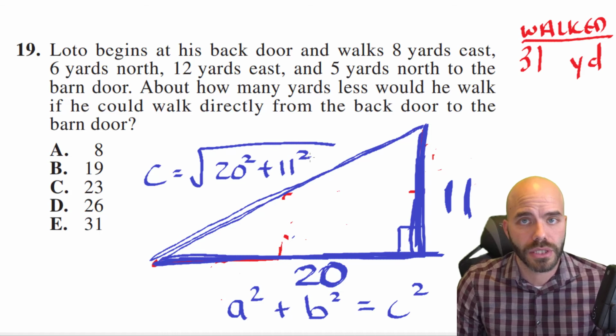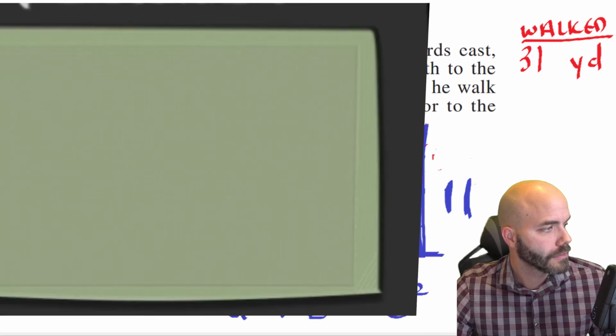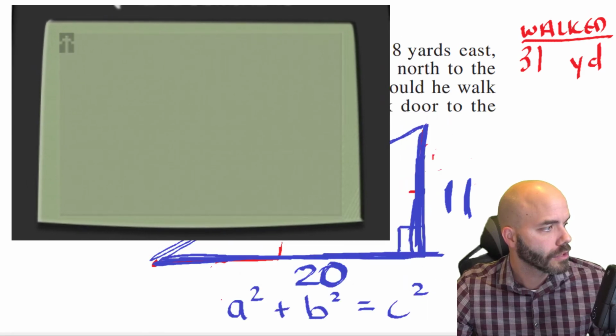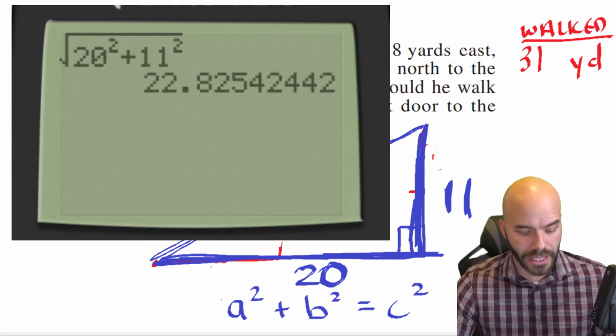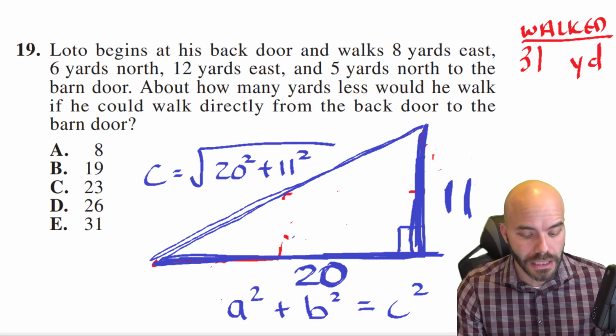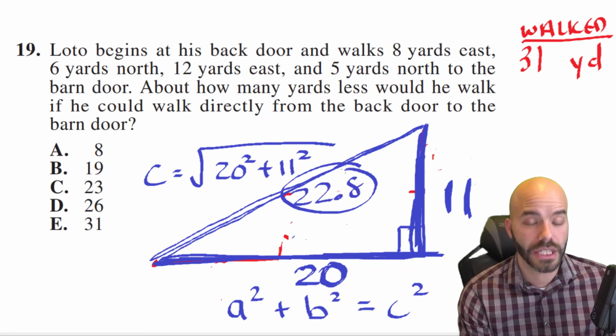So let's see what that is. All right, that side is approximately, now it is approximated, 22.8. That's how much he would have traveled.